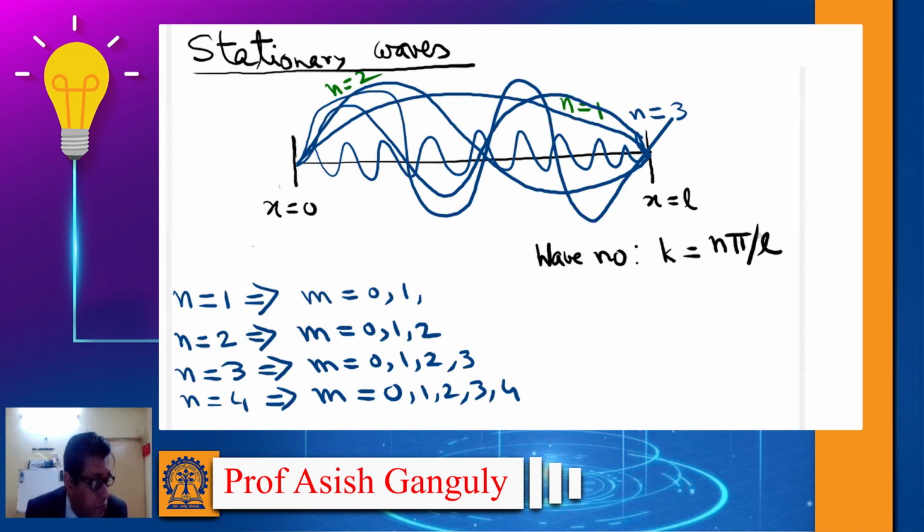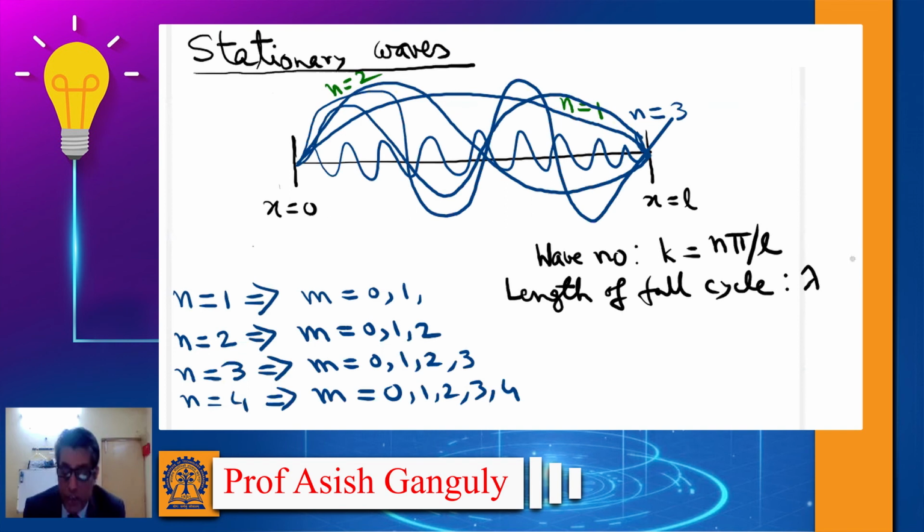And what more? Length of full cycle. This is denoted by lambda. Actually full cycle means prime cycle, otherwise there will be an n term. So lambda equal to twice pi by k.